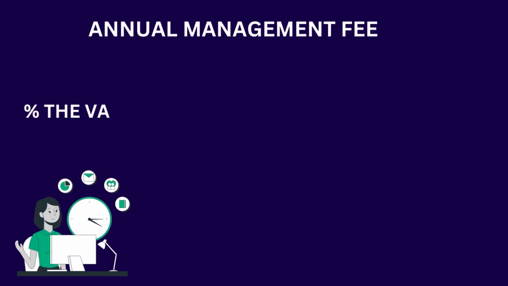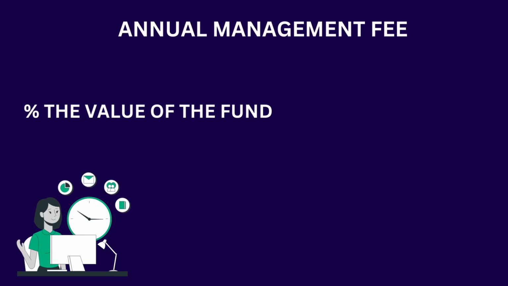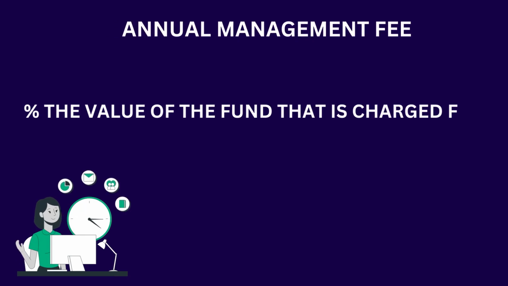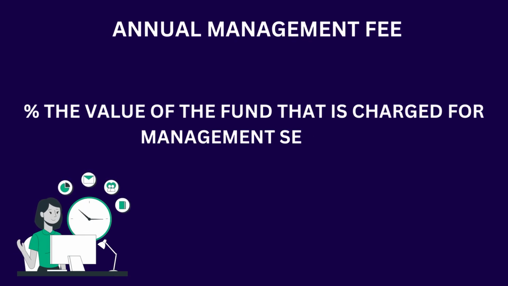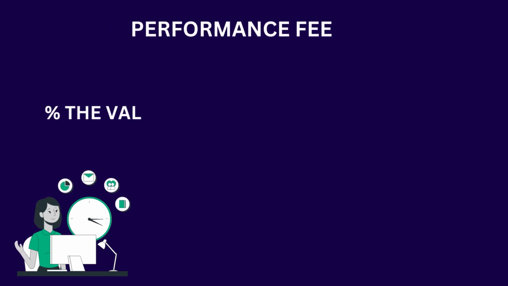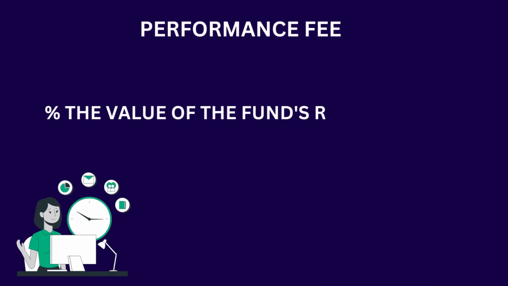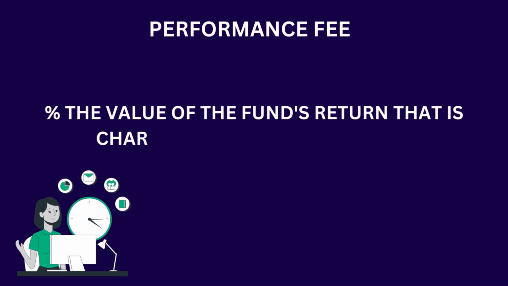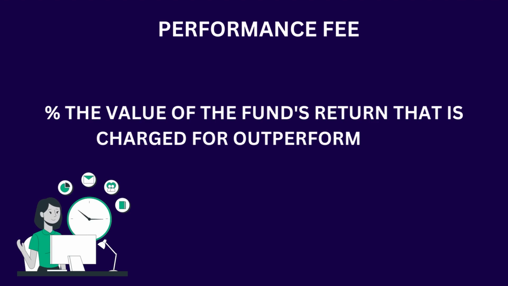It is also important to consider the annual management fee, which is a percentage of the value of the fund that is charged for management services, and the performance fee, which is a percentage of the fund's returns that is charged for outperformance.